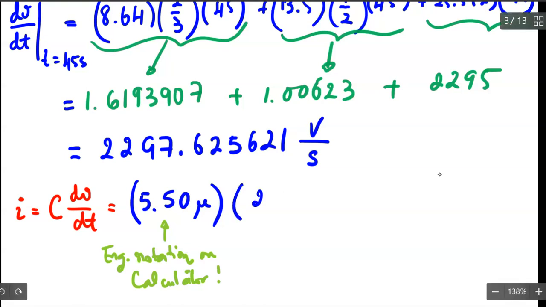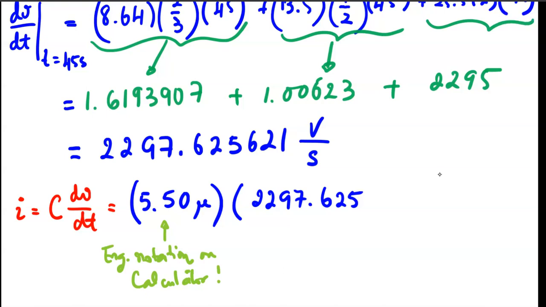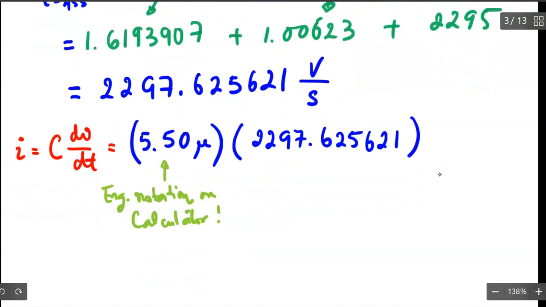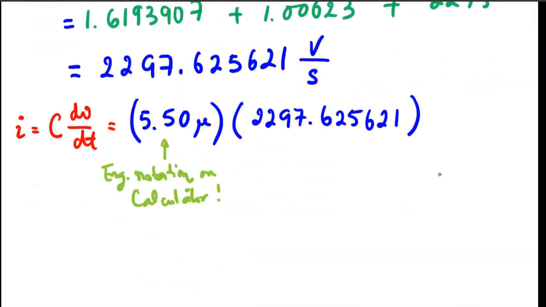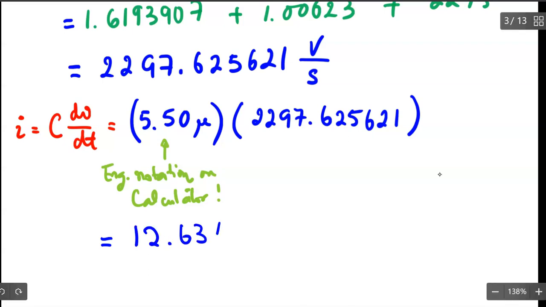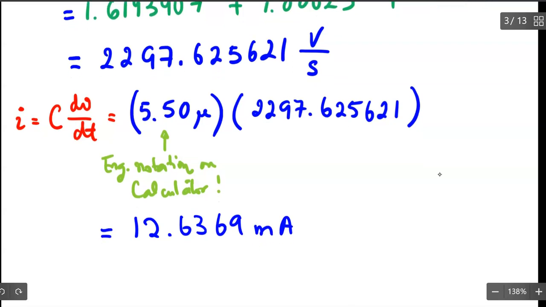Now you multiply with what you have found for the derivative of v with respect to time, evaluated at t equal to 45 seconds. You see that I use quite a few decimals because I want my number to be as accurate as possible. And I got 12.6369 milliamps.